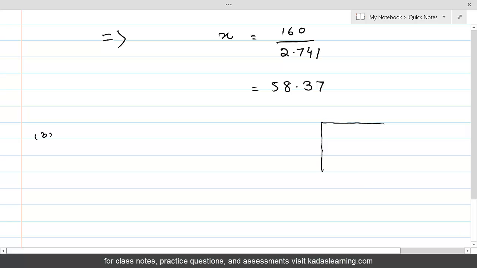If this is a square, that is being represented by 58.37 hectares. The side length of this square is half a mile.